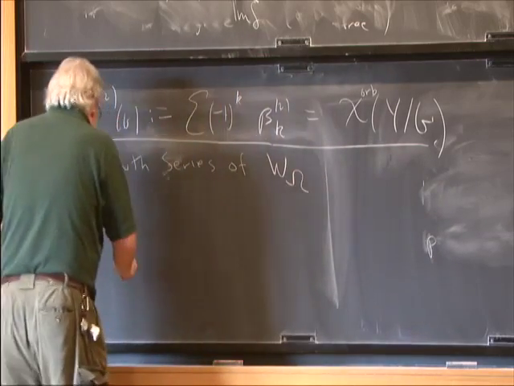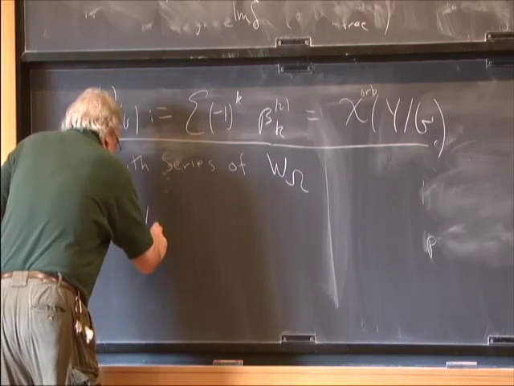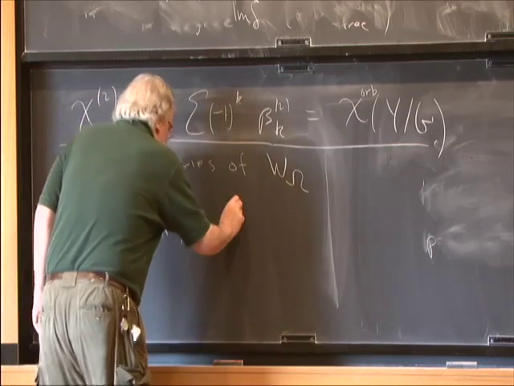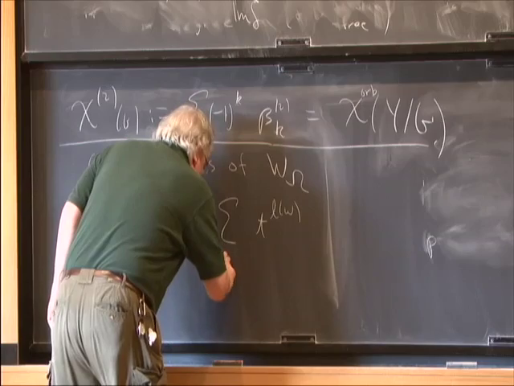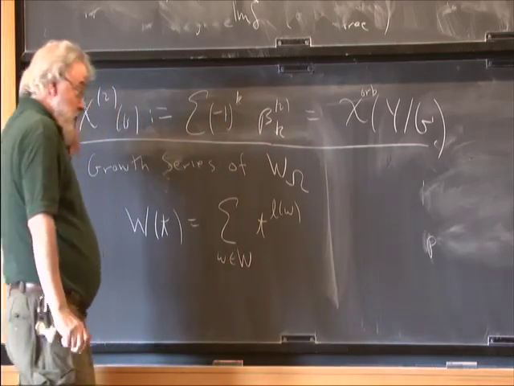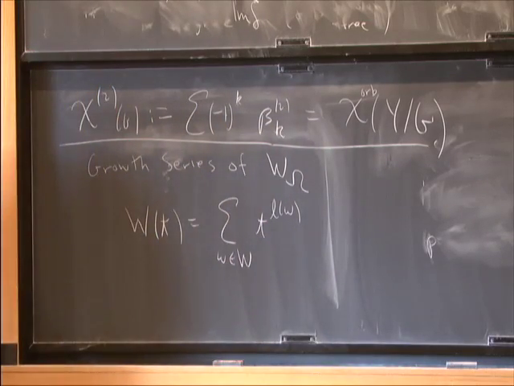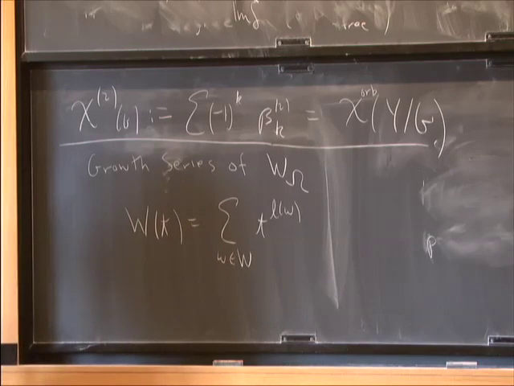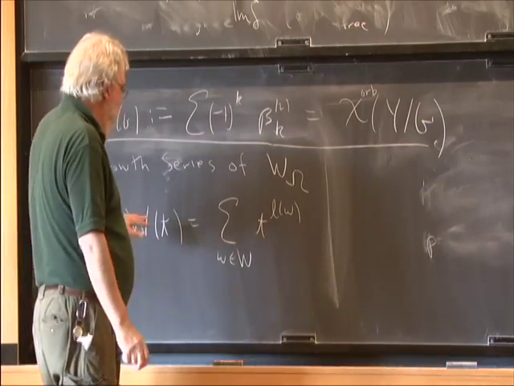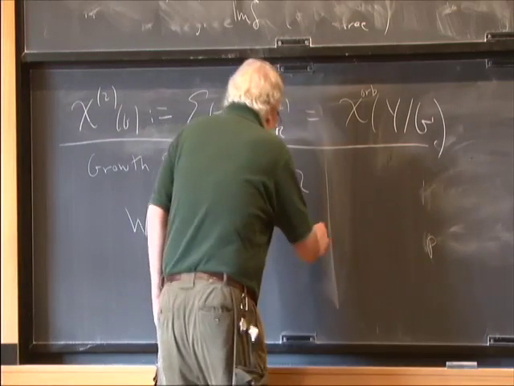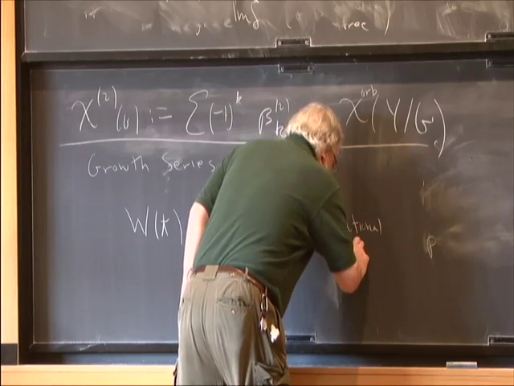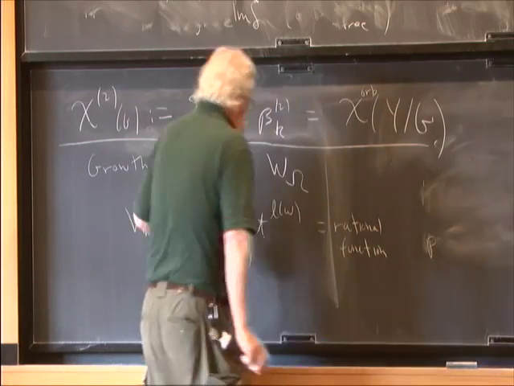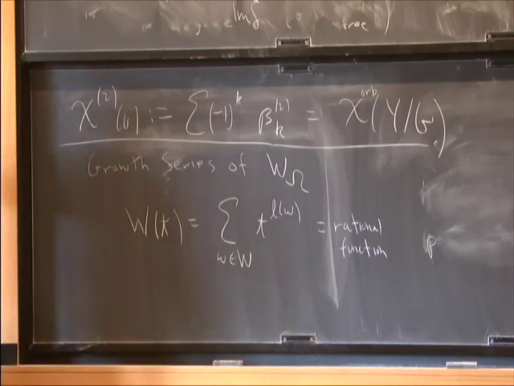By definition, this is the power series W(t), which is the summation of t to the length of w over w, with the standard set of generators. It's proved in Bourbaki's book on Coxeter groups that this power series is a rational function.